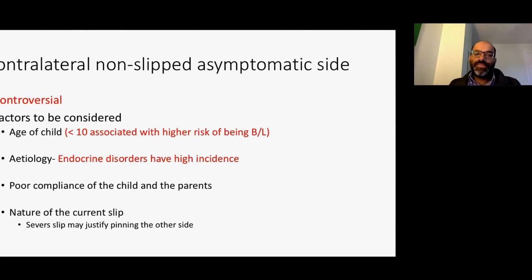Age of the patient: if the child is less than 10 years of age, it is associated with higher risk of being bilateral SUFE. If the etiology is endocrine disorder, again, they have got high incidence. And if you feel there's a poor compliance of the child and the parents, then you can consider fixing the other side. Okay. And then also nature of the current slip. If the slip is severe, then it may justify pinning the other side. Okay.